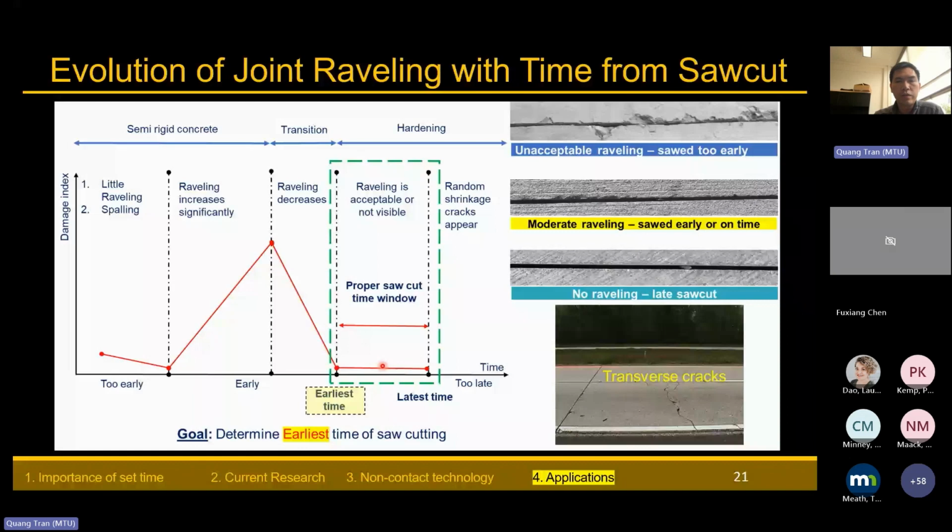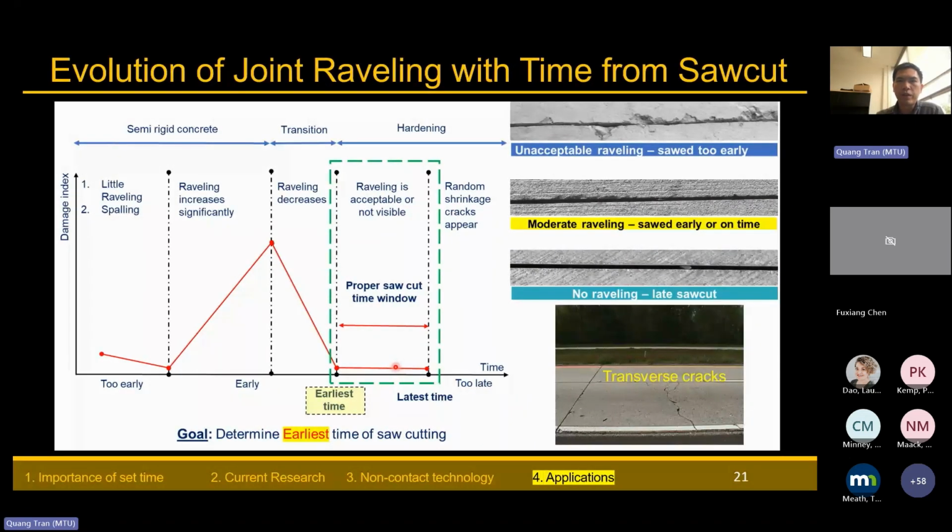But if we wait too late to saw cut, the good point is that we have a very nice cut, but the bad point is that we might already be too late, and we are going to have a lot of random shrinkage cracking appear over the surface.